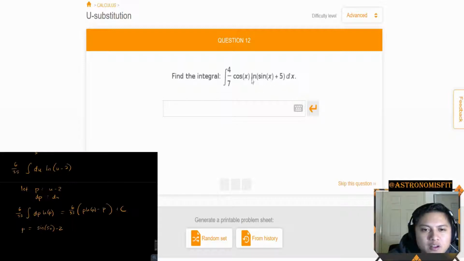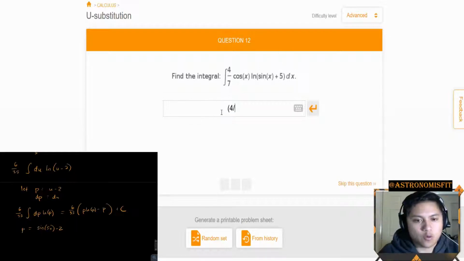Alright, so if you have a log of sine x plus 5, you just let u equal sine x plus 5, du is equal to cosine x dx. So you should have 4 over 7 integral of log u du. So 4 over 7 times u log u minus u, so it's u, so it's sine x plus 5.